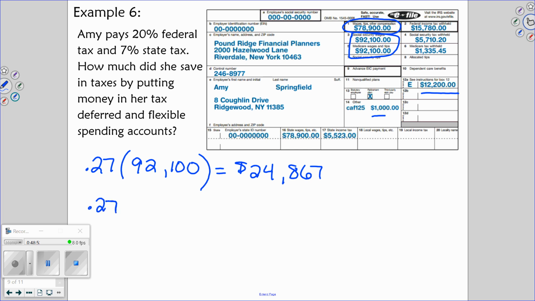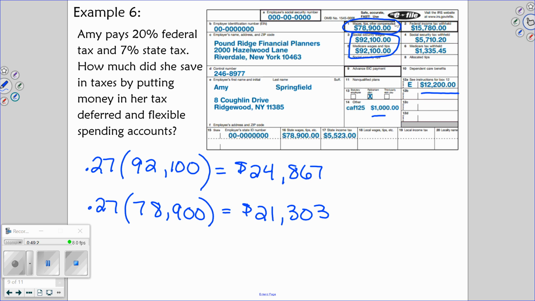And then if I do 27% of, what's the next number I'm going to use? Good, 78,900. Again, before we actually finish this problem, I want to make sure you're clear on what we just did. 20% federal, 7% state, so that's 27% altogether. This is the amount that she actually makes, because Medicare and Social Security is on your actual salary.